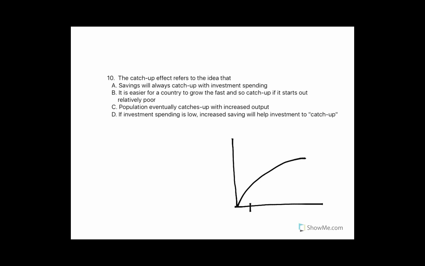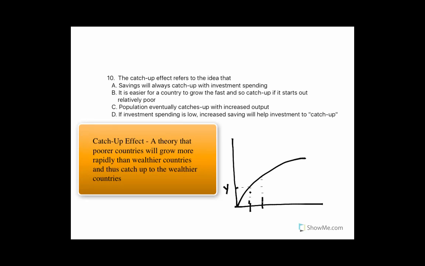If I'm at a low output level, like a poorer country at Y1, and I invest some amount delta K in capital, I'll be able to grow faster from that same level of investment to Y2. Whereas if I were a richer country at a higher level, say up here, that same investment isn't going to get me as much.